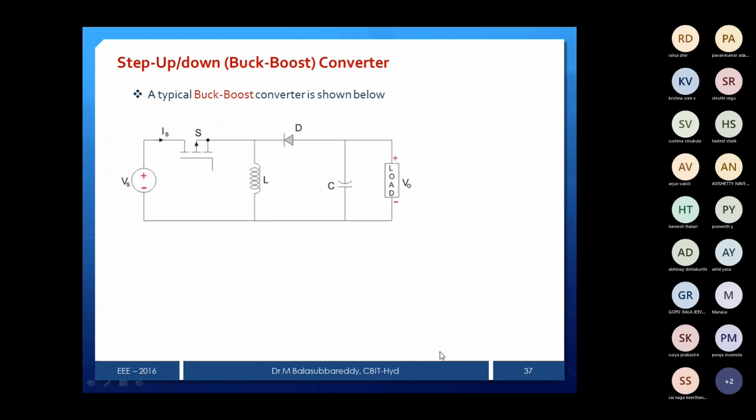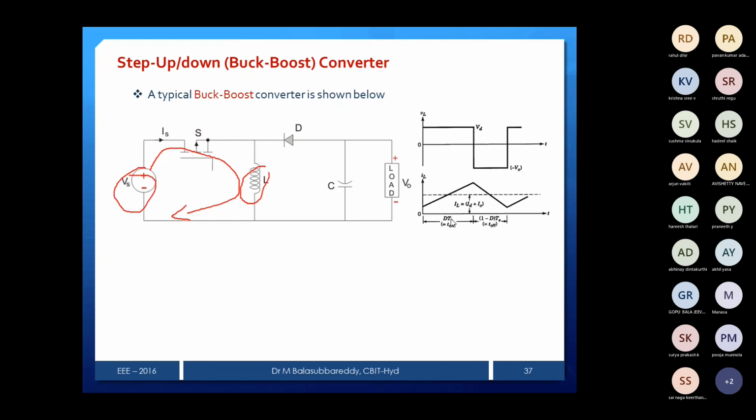Now we'll see the circuit, the same thing. Because of this diode, you will get a negative current. Again the same logic: when the switch is on and when the switch is off. When the switch is on, the inductor will store the energy, and the inductor voltage is the same as the source voltage. Then when the switch is off, the inductor voltage is only the load voltage.